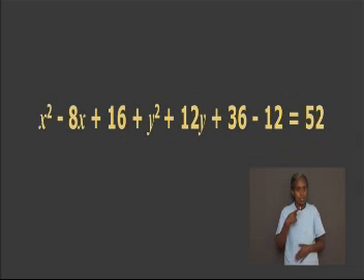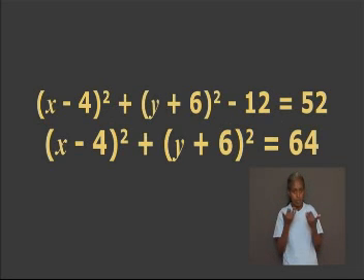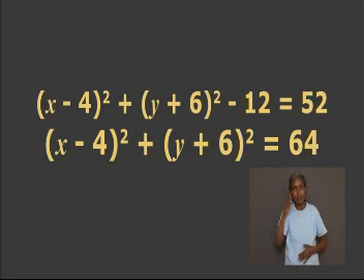Then, we complete the square for each variable. Because we have added 16 and 36 to one side of the equation, we must balance the equation by adding this sum to the other side. Now we are left with (x minus 4) squared plus (y plus 6) squared minus 12 equals 52.